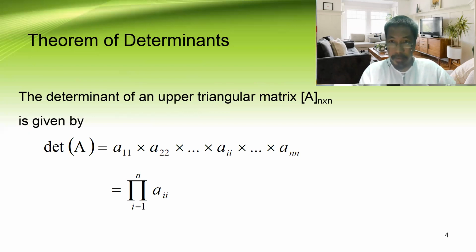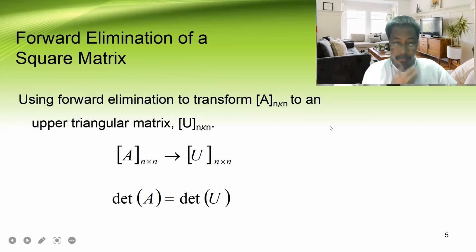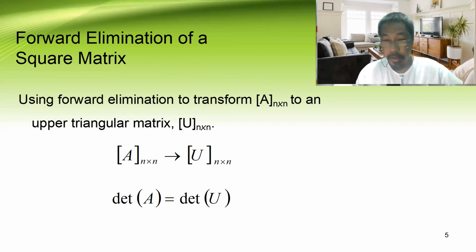That's why there is only one product in the determination of the determinant, and this is the only product. So that is a critical second theorem. We have the first theorem and the second theorem, critical for our understanding of this matrix manipulation.